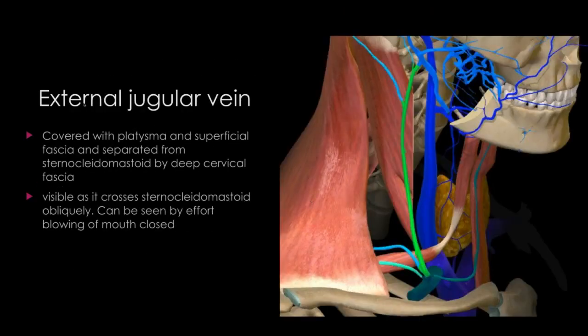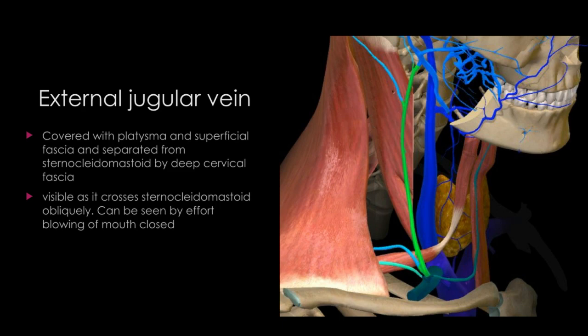Coming to the external jugular vein. The external jugular vein here in this picture, as you can see very clearly, is colored in green. As we said before, the occipital vein is seen to be draining into the external jugular vein. So, the external jugular vein is covered with platysma and superficial fascia and separated from the sternocleidomastoid.